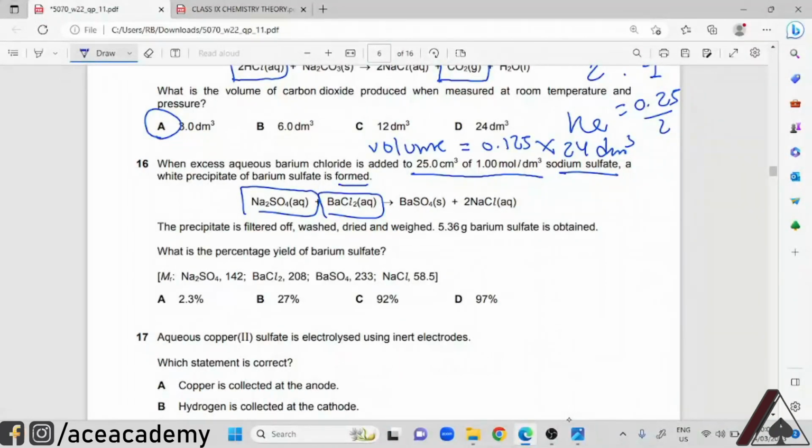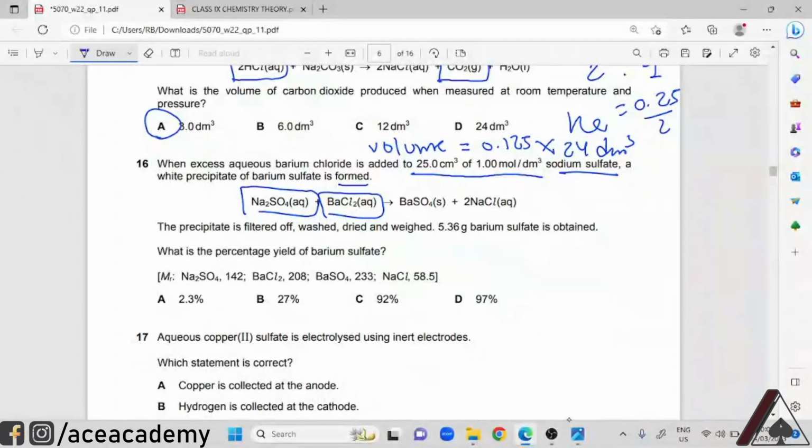The precipitate is filtered off, washed, dried and weighed. 5.36 grams of barium sulfate is obtained, and they have asked for the percentage yield of barium sulfate we have received.